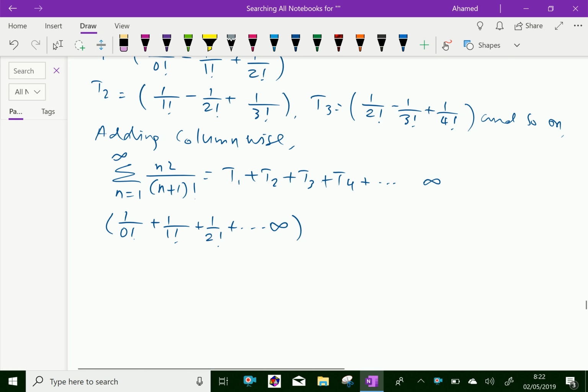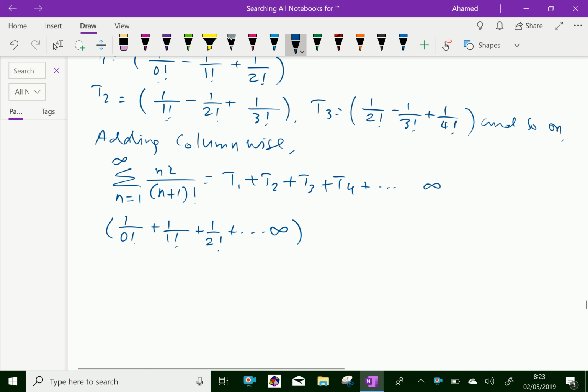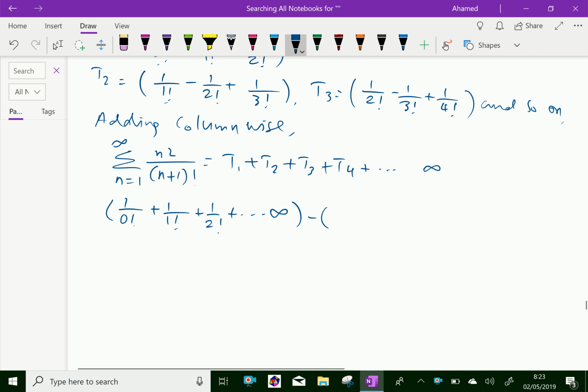Next is minus, because the second terms are subtraction, starting with 1 over 1 factorial plus 1 over 2 factorial plus 1 over 3 factorial plus dot dot dot up to infinity terms.